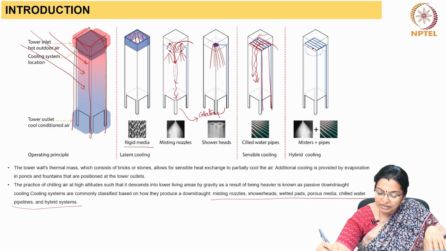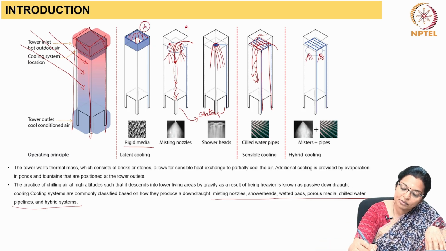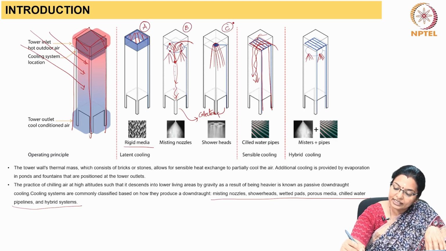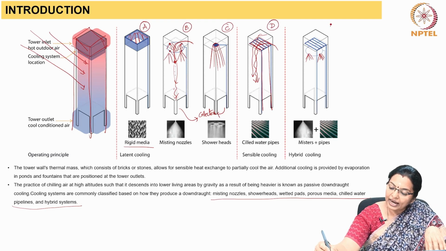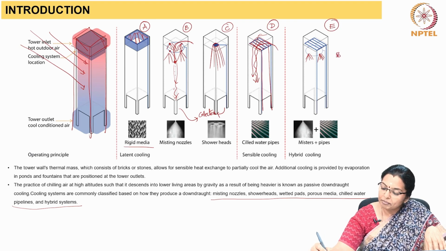Sometimes there are misters which cause mists, as seen in case, I'll number these cases A, B, C, D and E. So this is a combination of B plus C. So we have the misters as well as the chilled pipe system.